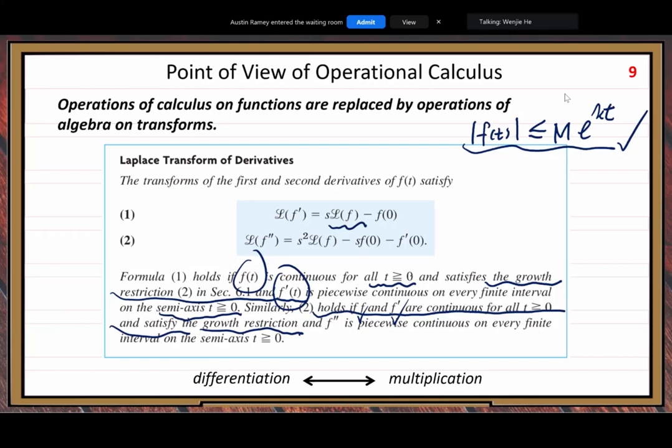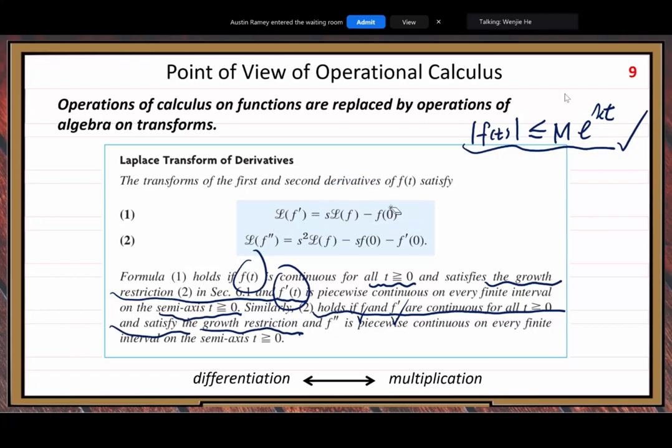From this formula you can also see that if the Laplace transform of f exists, and you want to know whether the Laplace transform of f prime exists, you just compute it and see if you get a convergent result. Here, from this formula, you get a convergent result, so you can see the Laplace transform of f prime exists.